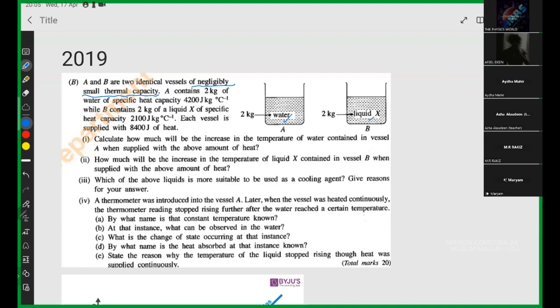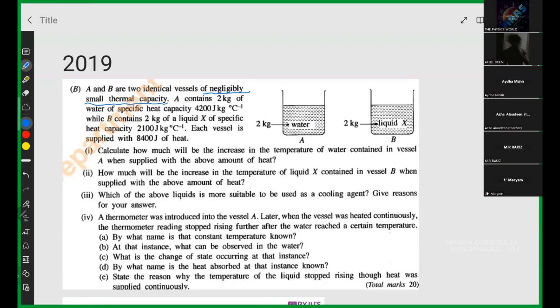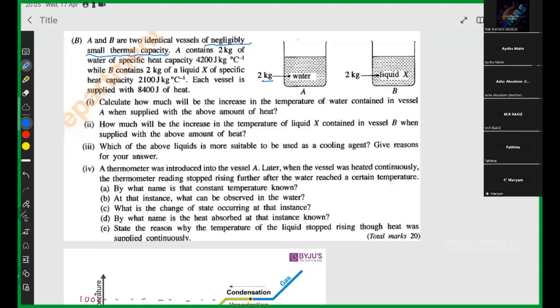So the same picture they have described to you. When you have a picture and the text here, you can compare both and read. If you want to note down anything, quickly note it down. Now see, vessel A contains 2 kilograms of water, with specific heat capacity. You can write C equals 4,200 joules per kilogram per degree Celsius.